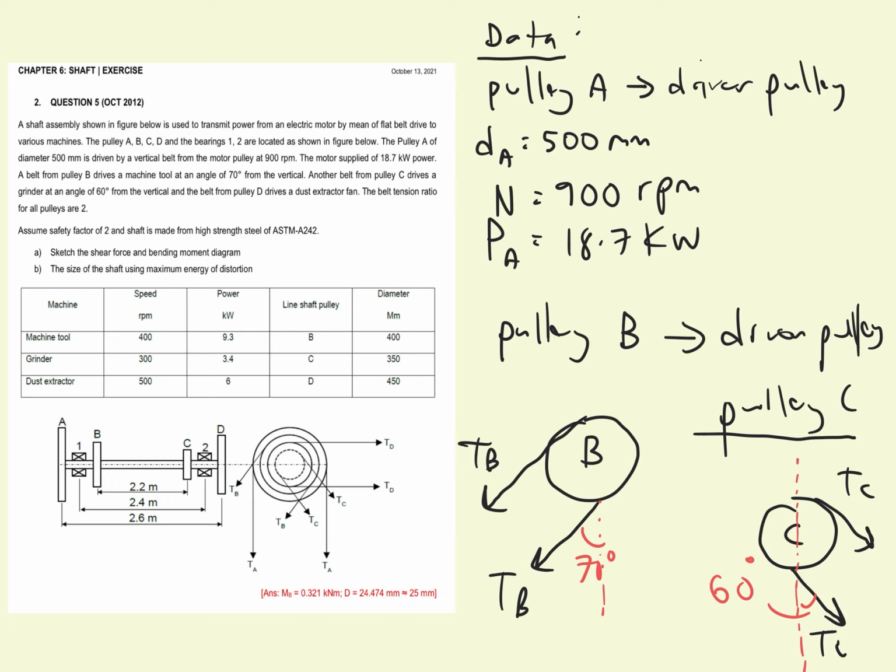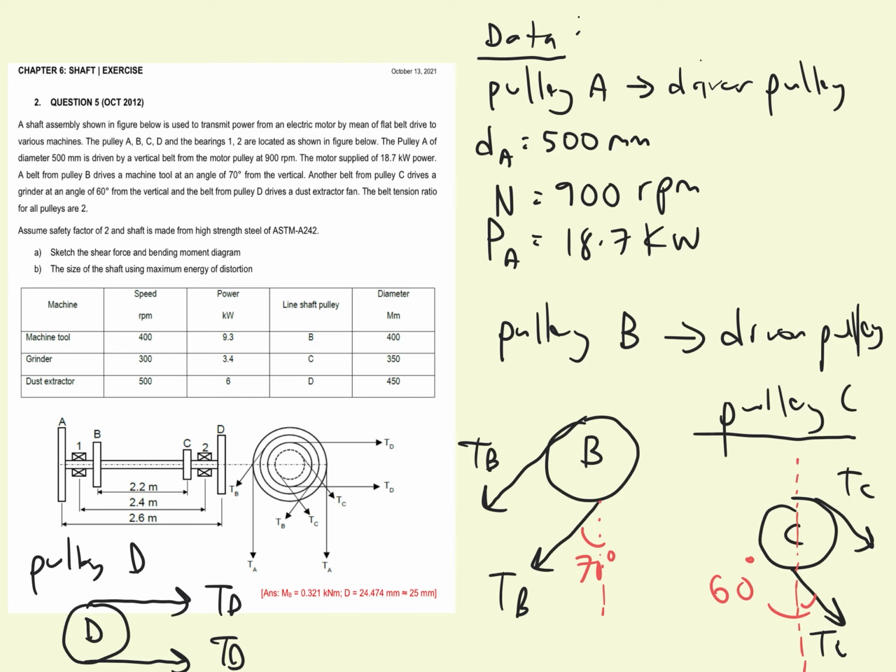Okay, so if we draw the free body diagram of the pulley D, so it will become like this. Okay, so let's say this is pulley D, and then as you can see, for pulley D, the direction is horizontal to the right side. Okay, horizontal to the right side. So this is TD.